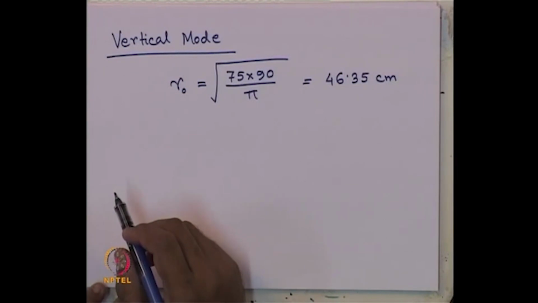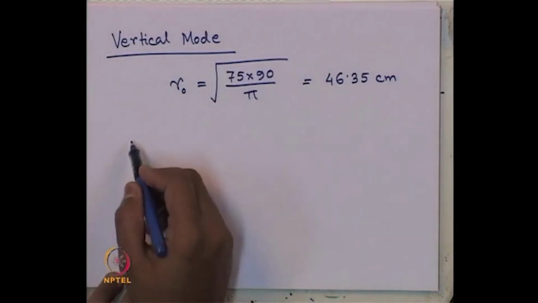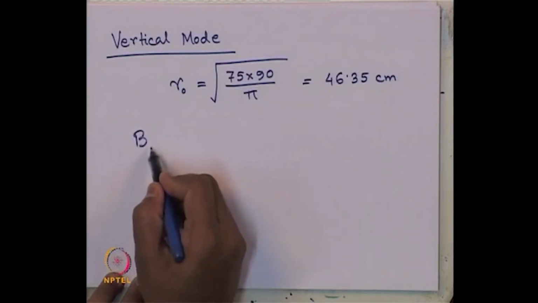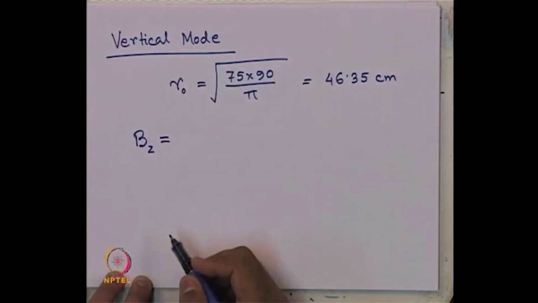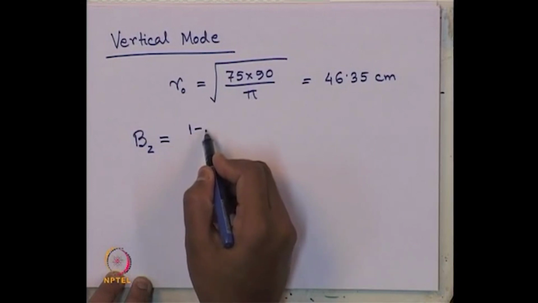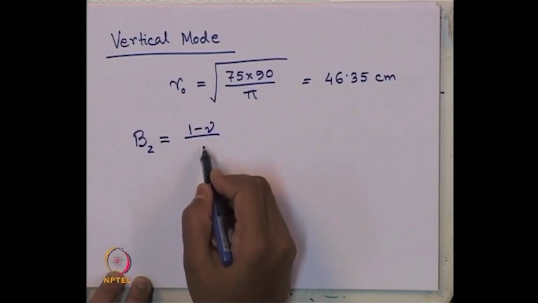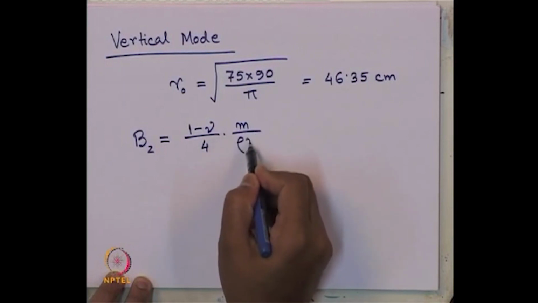Now, next step is to calculate the modified mass ratio BZ. So, using Leismer's analog, which is based on basically elastic half space theory, the BZ value we need to compute. The expression for BZ is given like this.